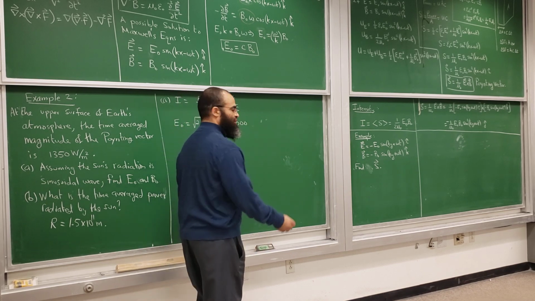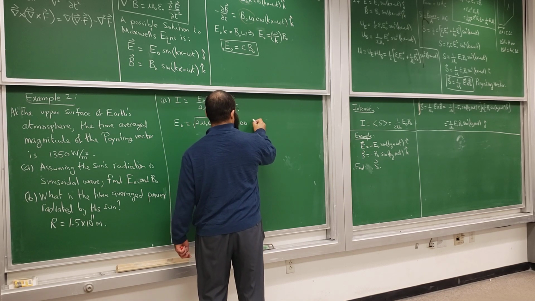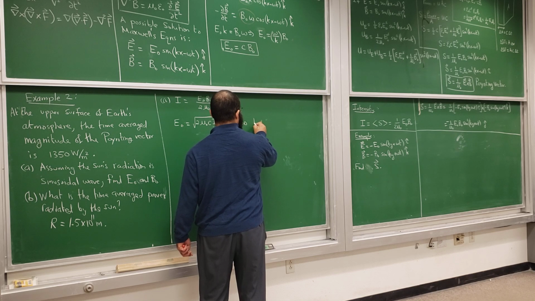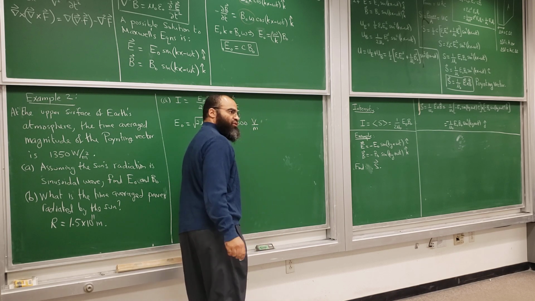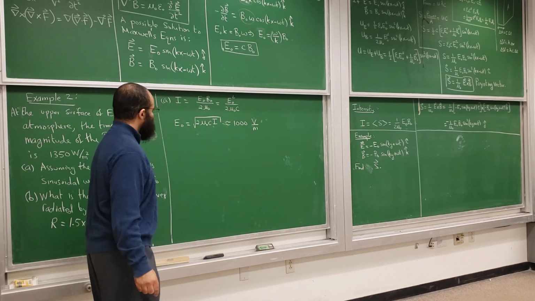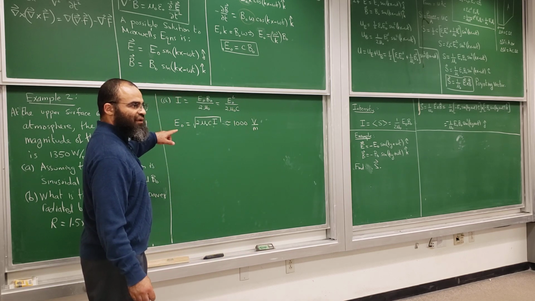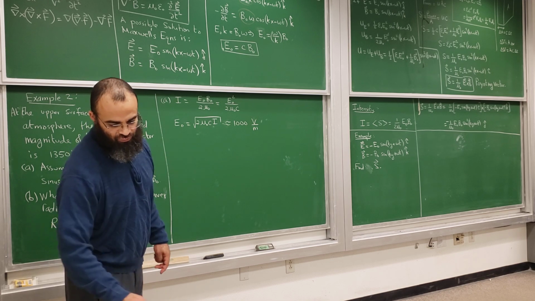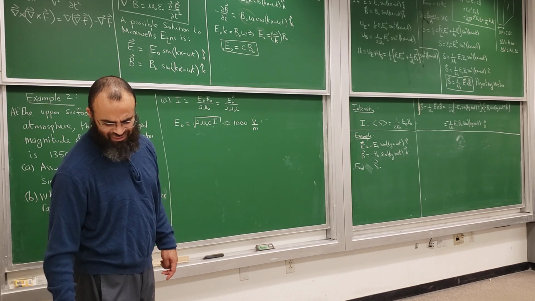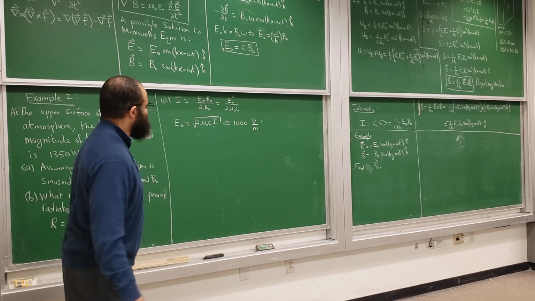Units of electric field? Newtons per coulomb, or volt per meter. Okay, so please double check my work. I think I got it, but it should be 1,000 or 1,010, somewhere along those lines.